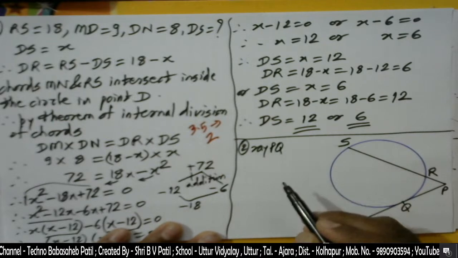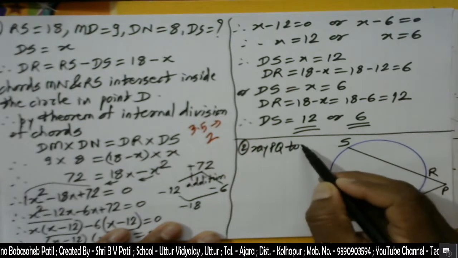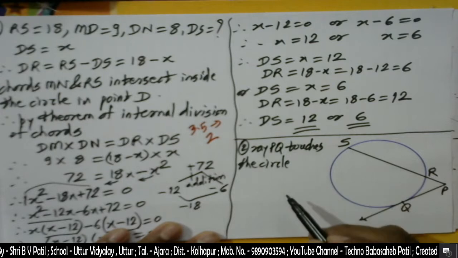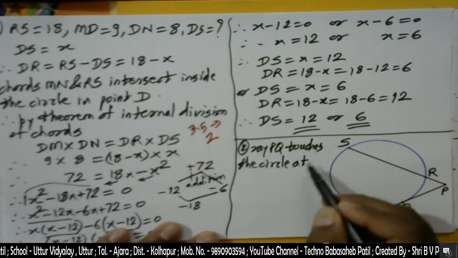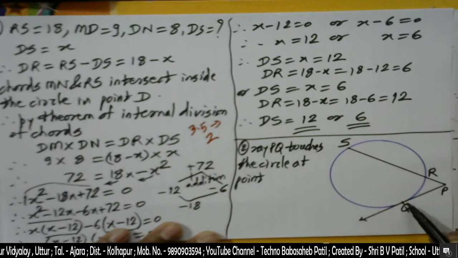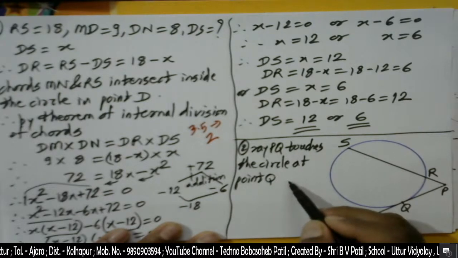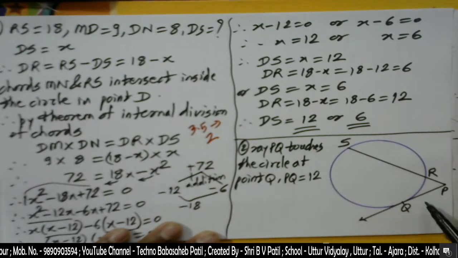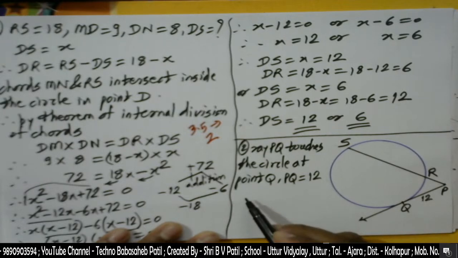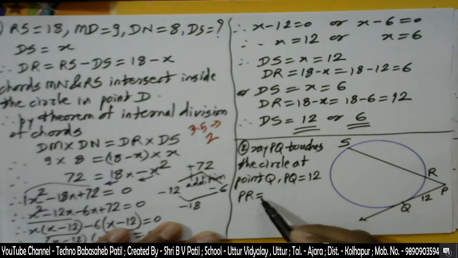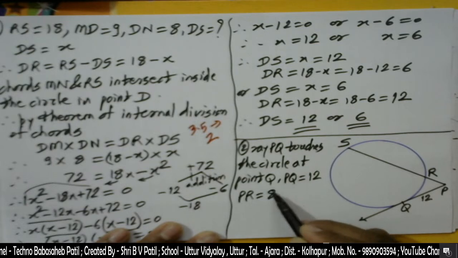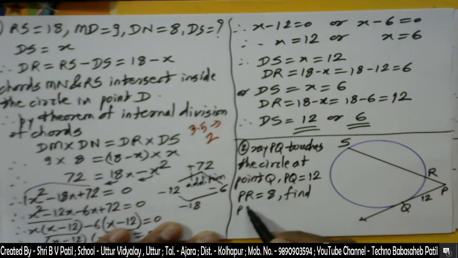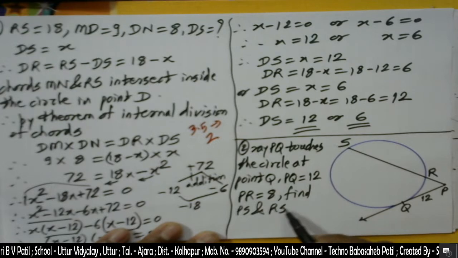Ray PQ touches the circle at point Q. PQ is given as 12, PR is 8. Find PS and RS.